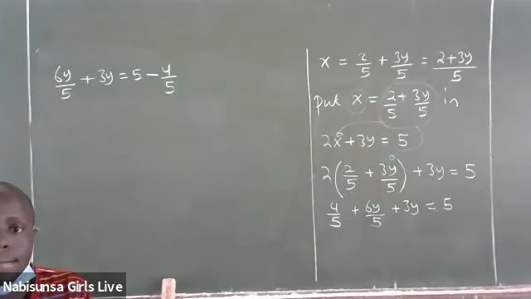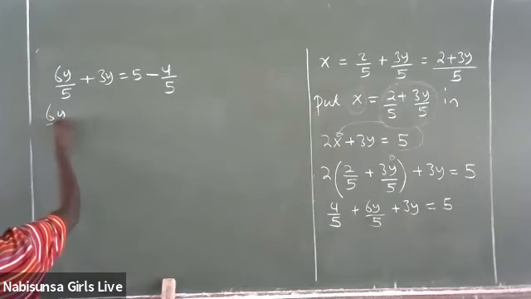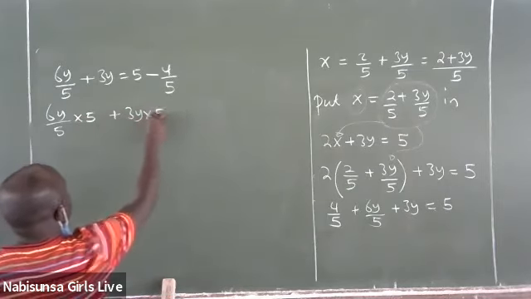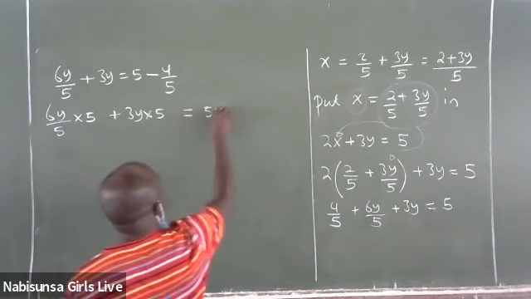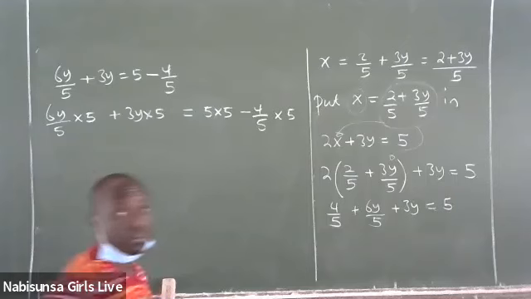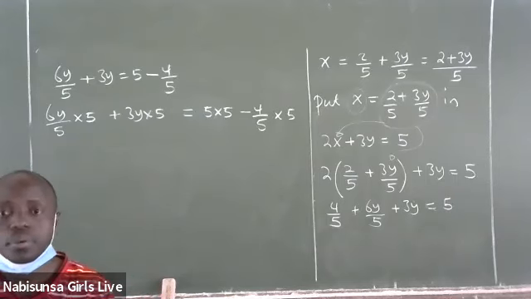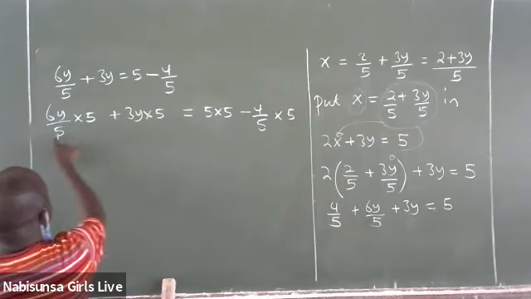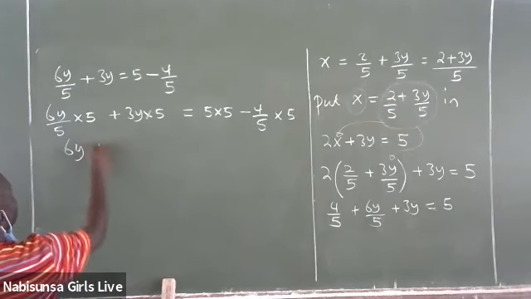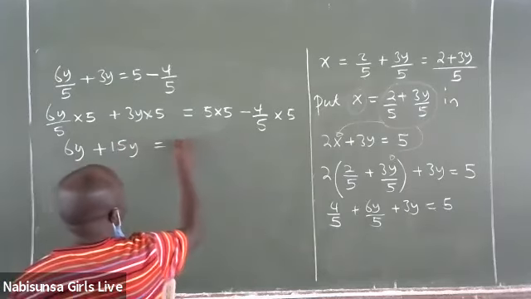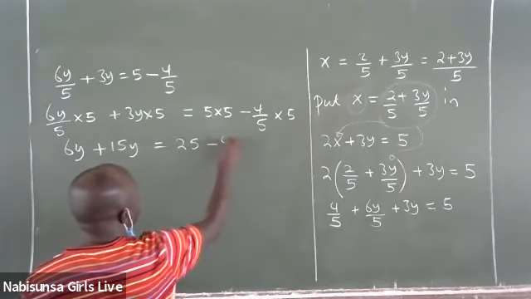Yes. So what I'm doing, I'm getting 6y over 5 times 5, then 3y times 5, then 5 times 5, then minus 4 over 5 times 5. Remina, are you fine with that step? Yes. You see the cancelling gives you 6y. This one gives you 15y. This one gives you 25. And this one gives you 4.